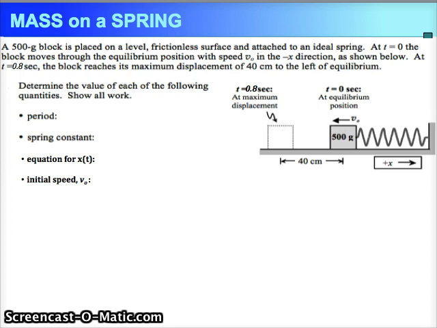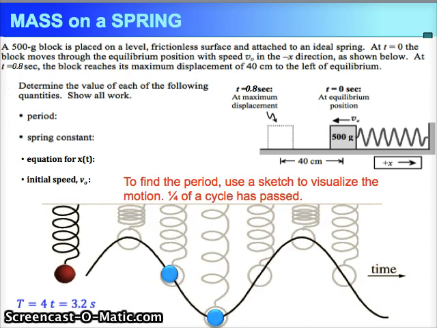One way to help us visualize what's going on here is to look at a graph of just any old sine or cosine, to see if we can understand why the time they've given us, 0.8 seconds, is 1/4 of a cycle.